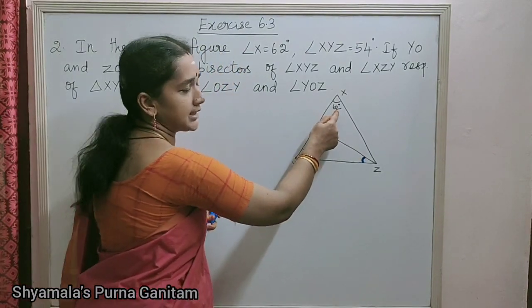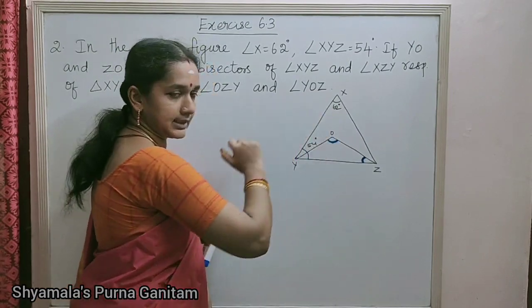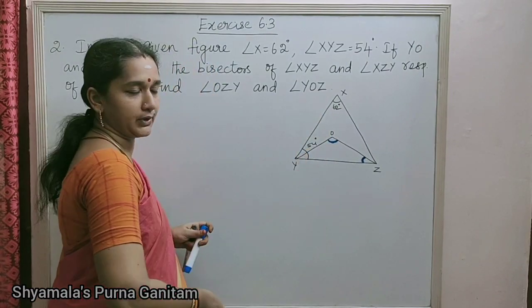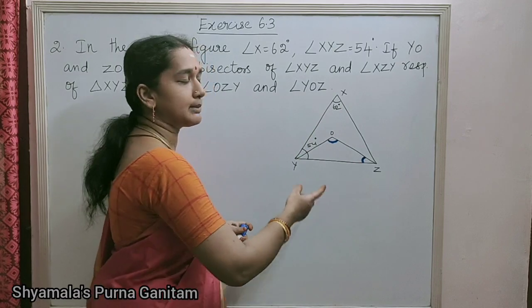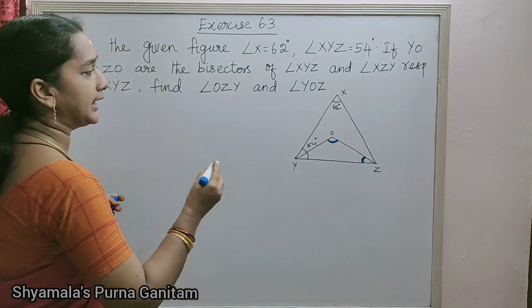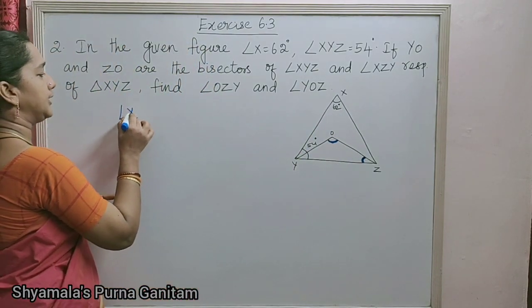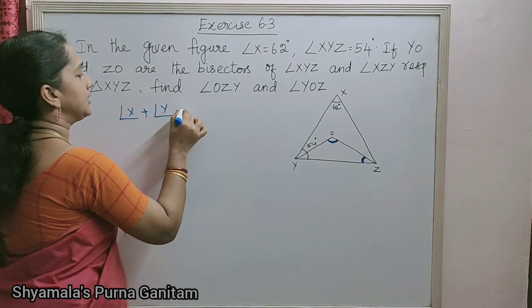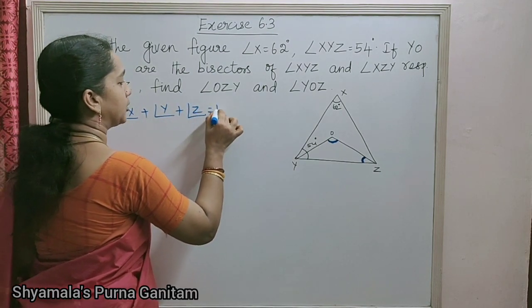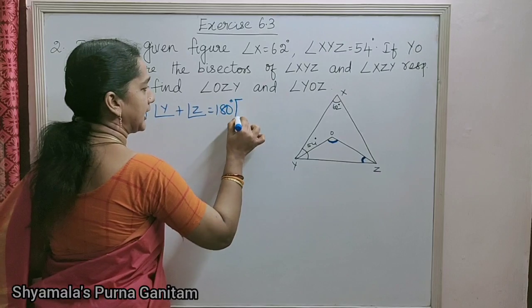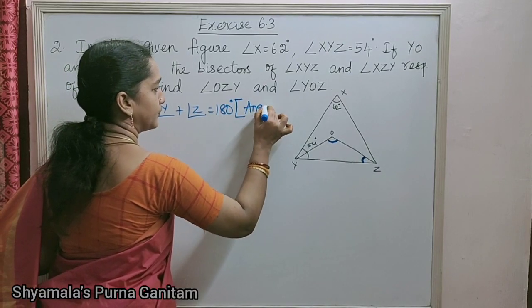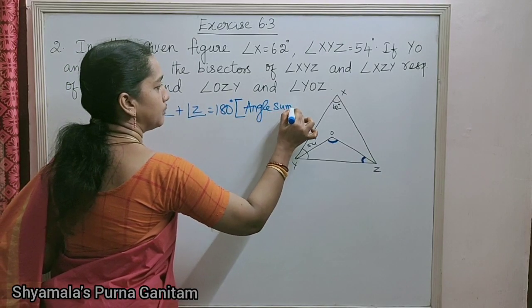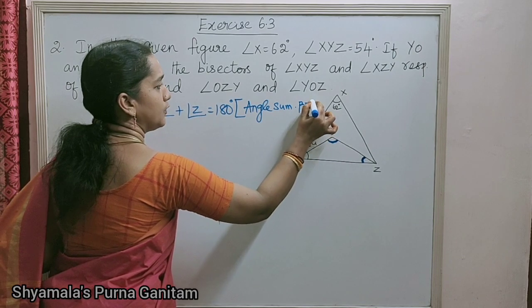Okay, so angle X is 62 degrees, angle Y is 54 degrees. Using the angle sum property, we can find angle Z. So angle X plus angle Y plus angle Z is equal to 180 degrees, by the angle sum property of triangle.